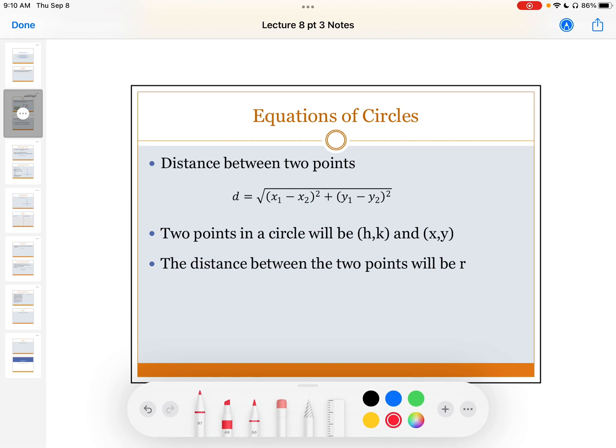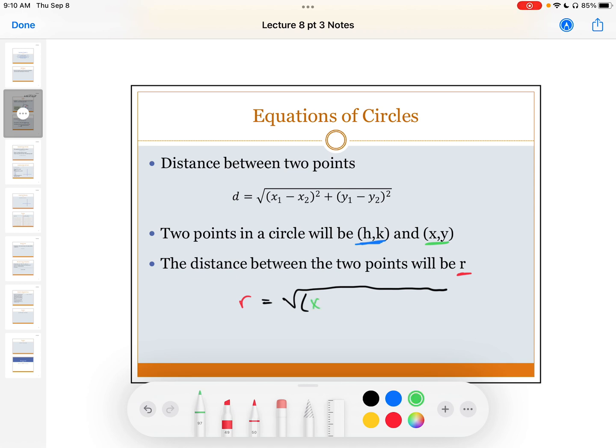So we said we have point 1, which would be your x and y point. We have point 2, which is your center, h and k. Okay, and then the distance between those 2 points is r. So we're going to go ahead and plug that in then. r equals big old square root of x sub 1.